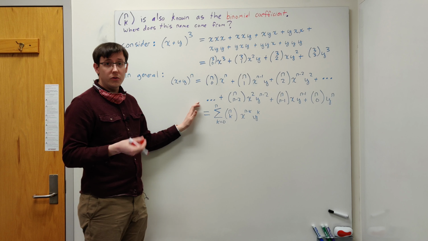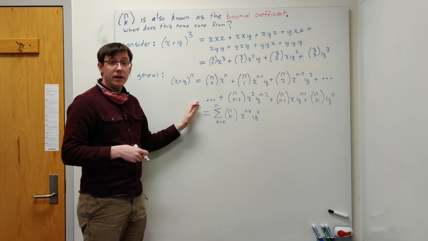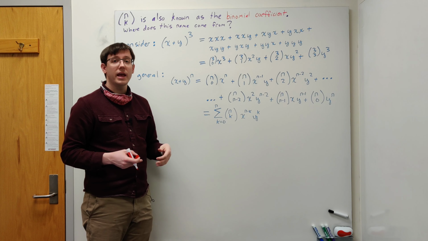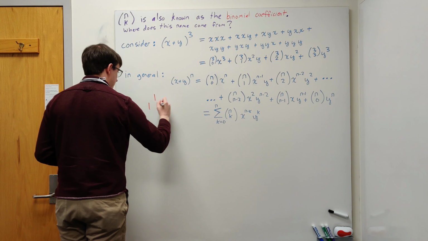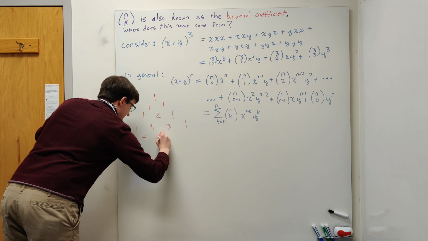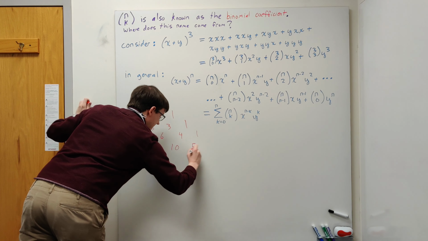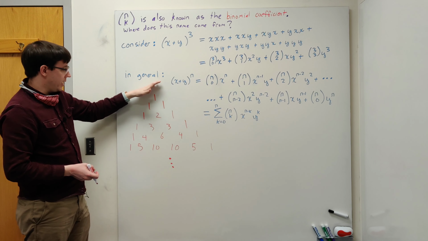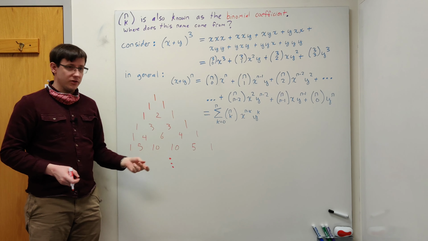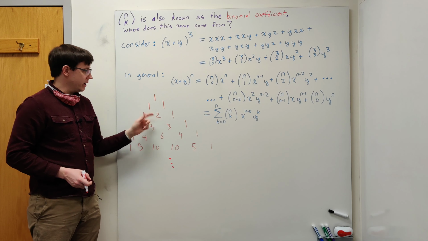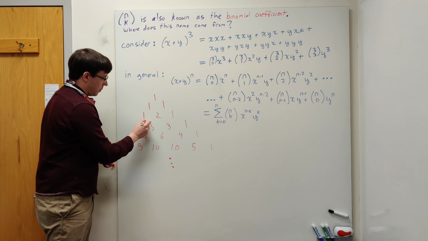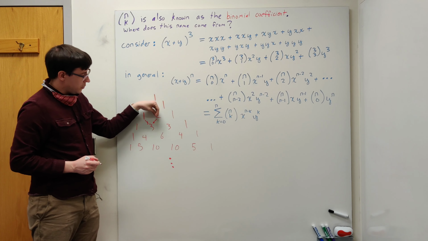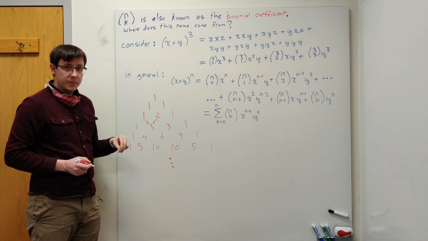Once again, the book proves this in greater detail, and it also proves the connection between these binomial coefficients and Pascal's triangle. Pascal's triangle starts with a 1 at the top and along each of the edges, and then all of the interior terms are the sum of the terms above and to the left plus above and to the right.